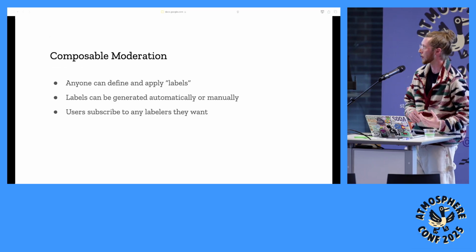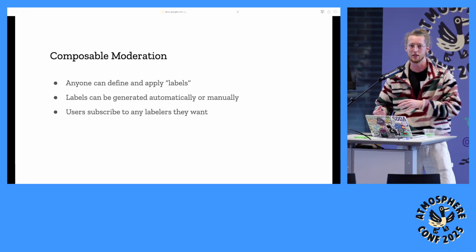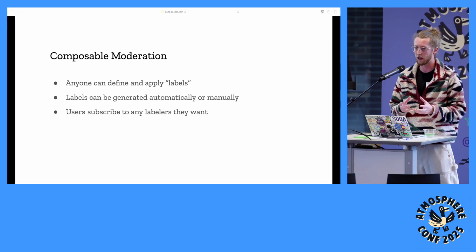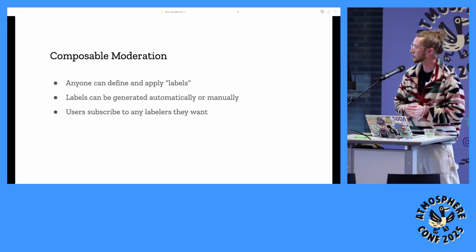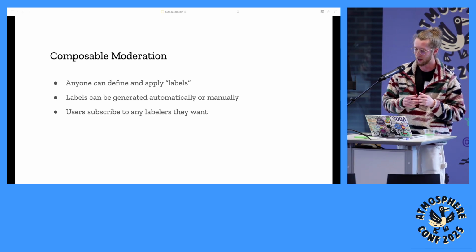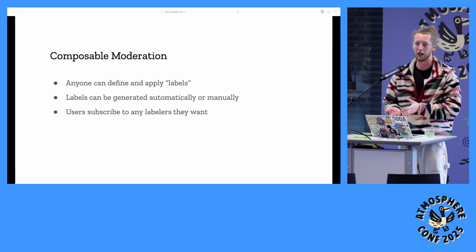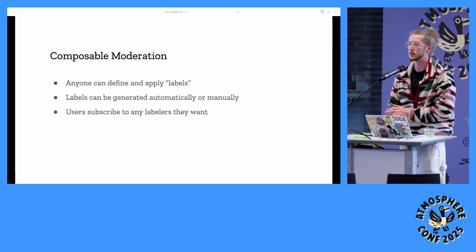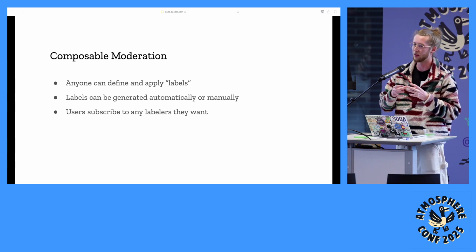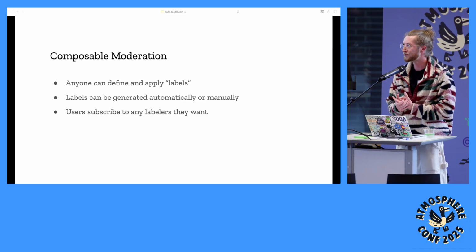And so we have composable moderation, which is really cool because anyone can create labels and apply labels and define them. You have third-party labelers. I think it's a really great innovation, one of the really big flagship features of Bluesky, because it helps the problem with scale, because now you have the ability for more people to participate in that.